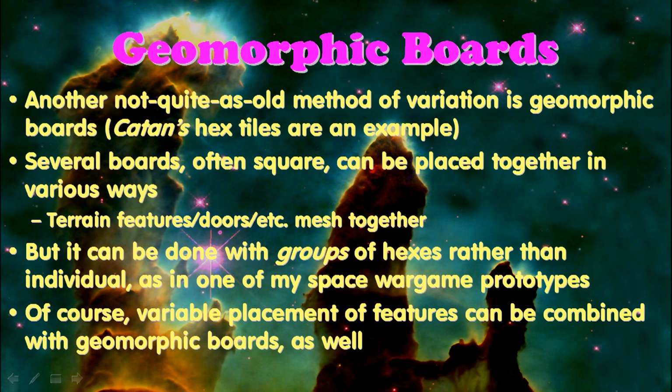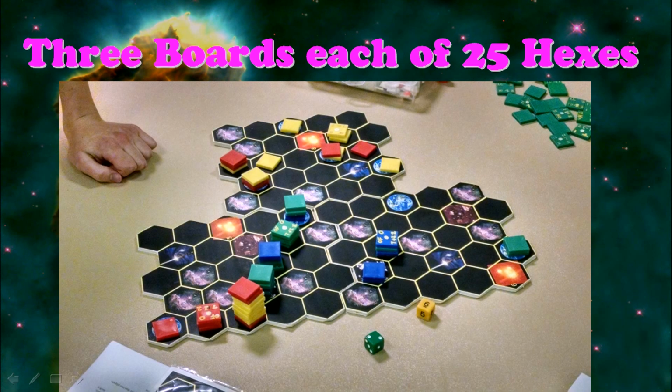It can also be done with groups of hexes rather than individual hexes, as in one of my Space War games. And of course, the variable placement of features can be combined with the geomorphic boards. Here is an example of my Space War game. That is 3 boards put together to make one. All the boards are the same shape, and they can be put together in a variety of ways.